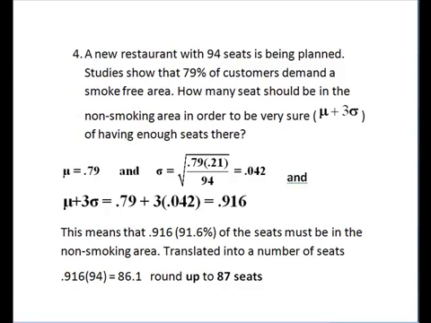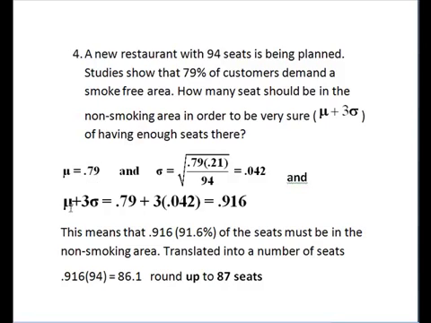Well, in order to find 3 standard deviations away from the mean, we need to determine the mean and the standard deviation. According to the central limit theorem, the mean is the true population proportion of 79%, and the standard deviation is the square root of p times 1 minus p over n, which, rounding to 3 places, is 0.042.